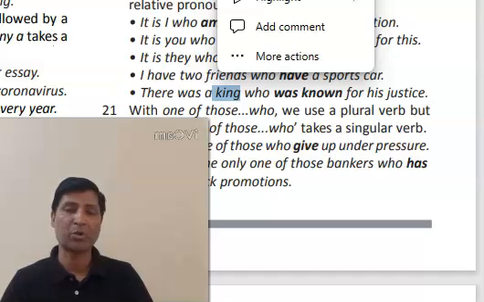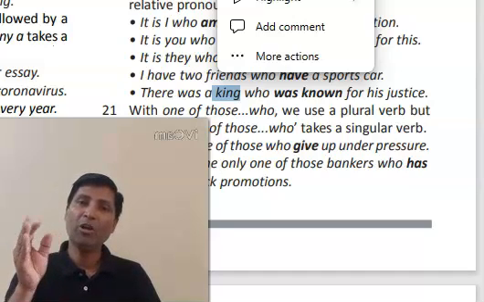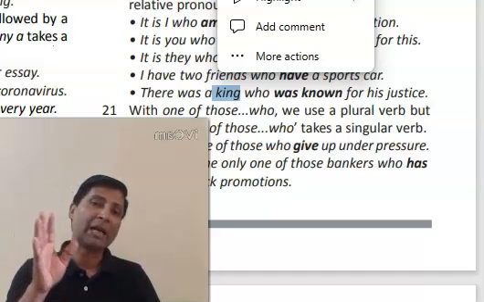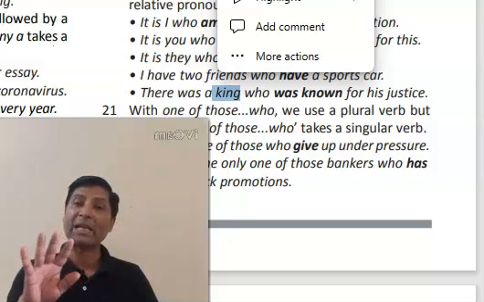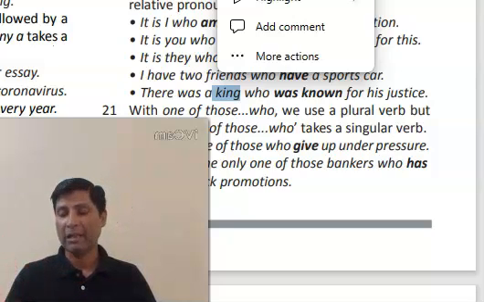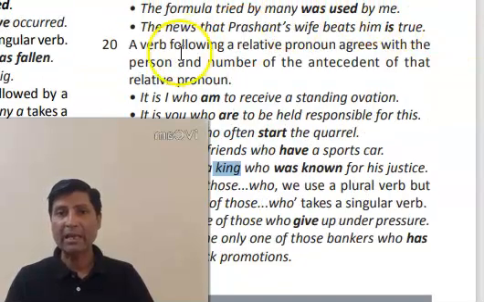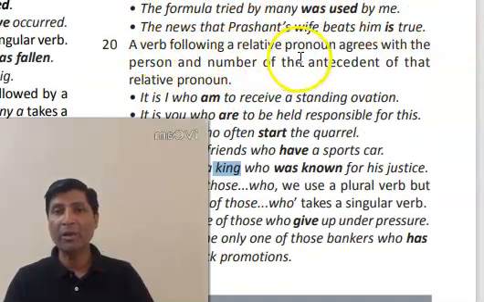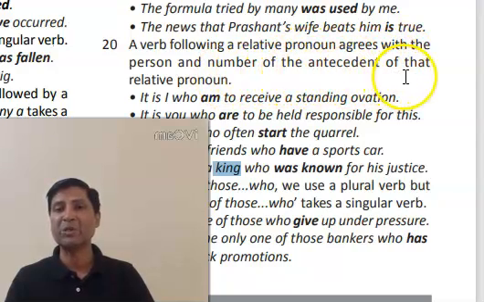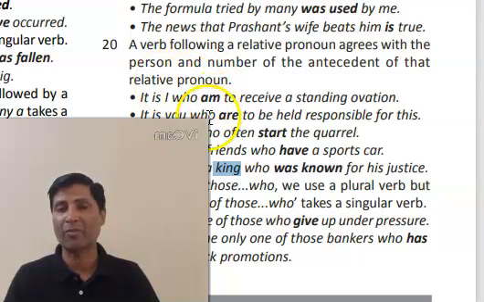In simple language, a noun or pronoun that comes before a relative pronoun is called the antecedent of that relative pronoun. And as the rule says, a verb following a relative pronoun agrees with the person and number of the antecedent of that relative pronoun. That means the verb will be according to the antecedent.